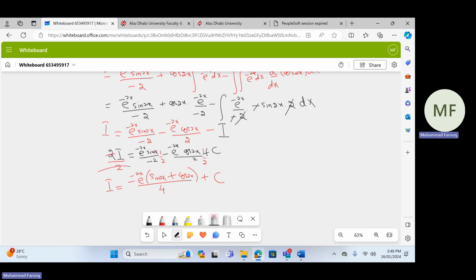Because it has negative power, you can remove it from here and put it down with positive power. It's not positive basically, so I put it outside.